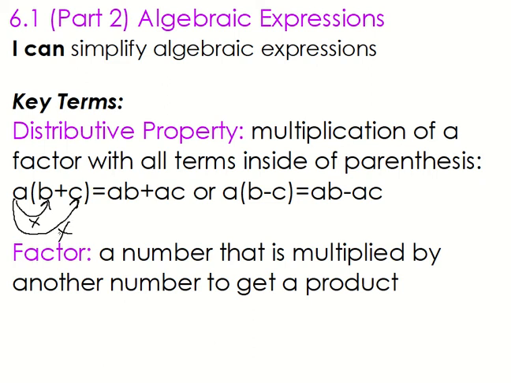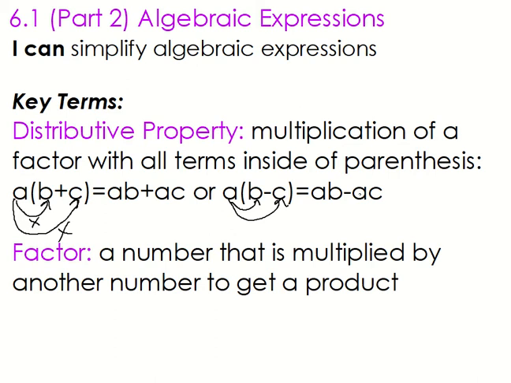Those are multiplication signs, and we'll get A times B plus A times C. And the reason we got plus is because it was plus in here. And then the same thing is for subtraction, A times B, A times C, and we'll get AB minus AC. And that'll make a little more sense when we have actual numbers, but just remember we're going to multiply what's on the outside to everything that's on the inside.